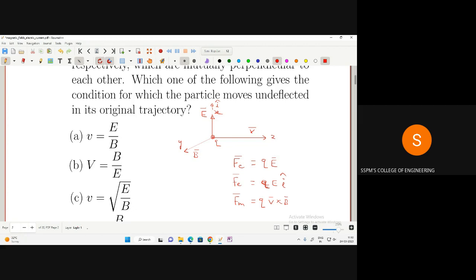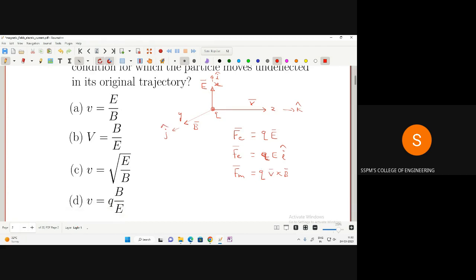V bar is located along k cap, and B bar is located along j cap. You take the cross product, then the magnetic force due to magnetic induction is q into V into k cap cross B into j cap, which is equal to q V B, where k cap cross j cap will give minus i cap.